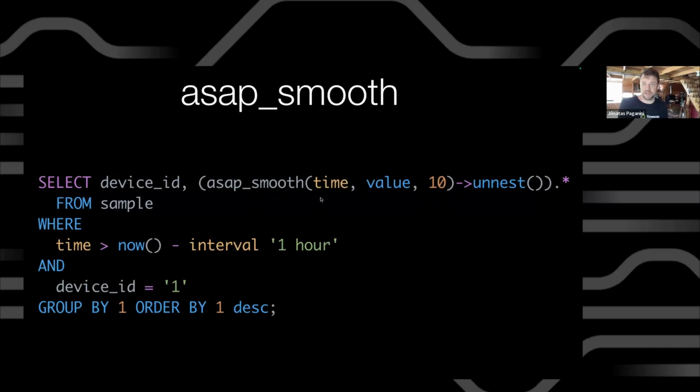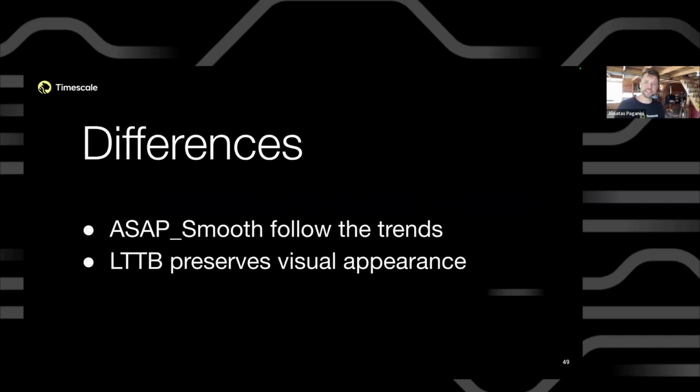So this is exactly the same type of query, but it has a different type of result. The main difference is that ASAP Smooth will follow the trend. So it's more in the average sense, while LTTB will try to get the highest peak, the lowest peak, and so on. That is the most essential difference between the algorithms.